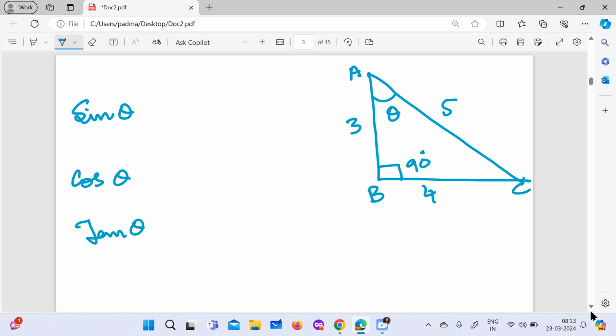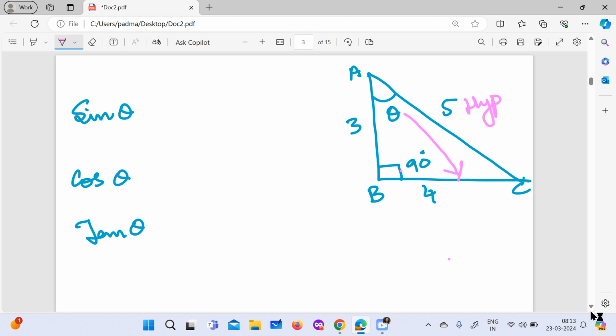Okay, now before I start solving this, let me mark which is hypotenuse. So opposite to 90 degrees is always hypotenuse, and opposite to the given angle with respect to which we are solving, we have to mark the opposite.